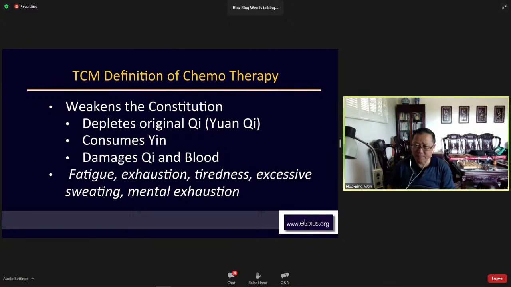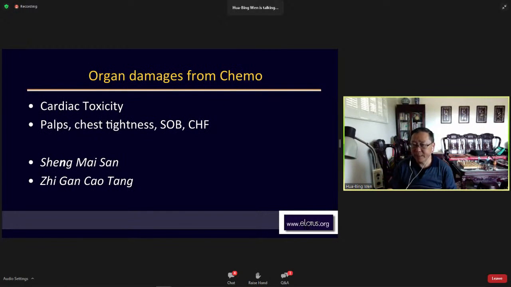The consequences are bad. So fatigue, exhaustion, tiredness, excessive sweating, even mental exhaustion. That's all from not enough qi, not enough blood, not enough essence. Because normally, the body requires a certain level.